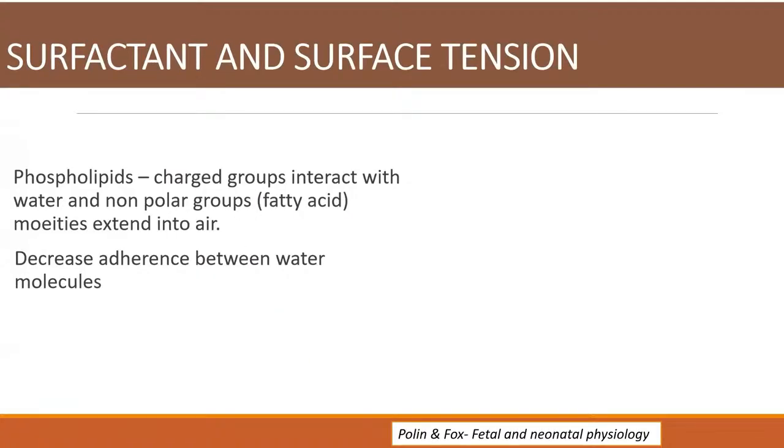Now, how does surfactant actually reduce surface tension? We know that phospholipids, which are the prime component of surfactant, accounting for almost 80% of the molecule, have charged groups which interact with the water. So they have a charged moiety that interacts with the water, which is present in the alveolar air-liquid interface, and a non-polar group or a fatty acid moiety that extends into the air.